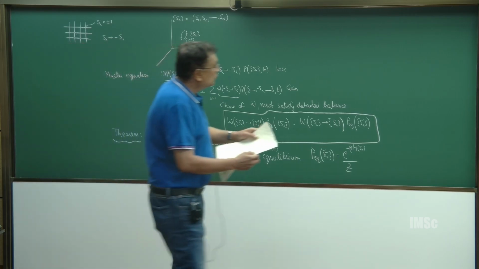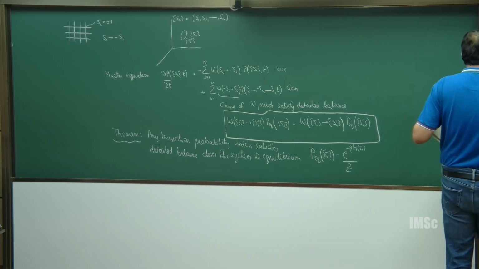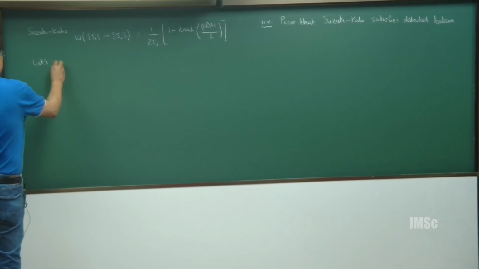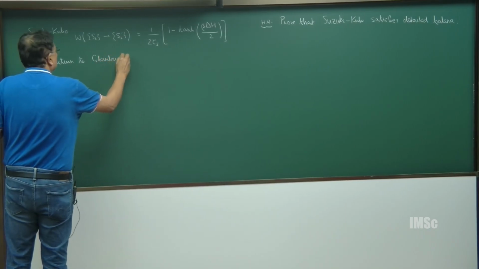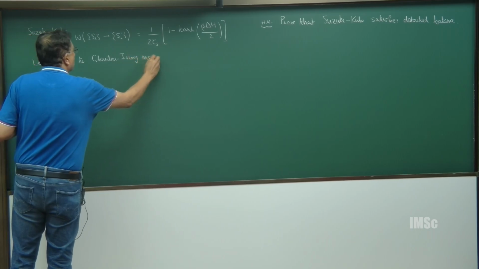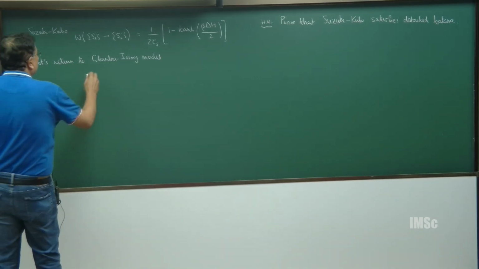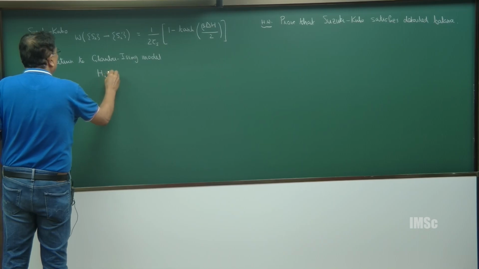Okay, so let's actually then calculate delta H. So now let's go back to the Ising model. Let's return to the Glauber-Ising model. And in the Glauber-Ising model, the Hamiltonian is the Ising Hamiltonian.